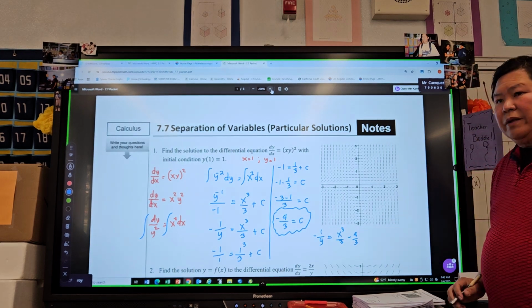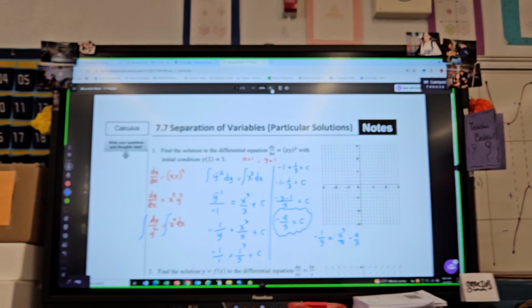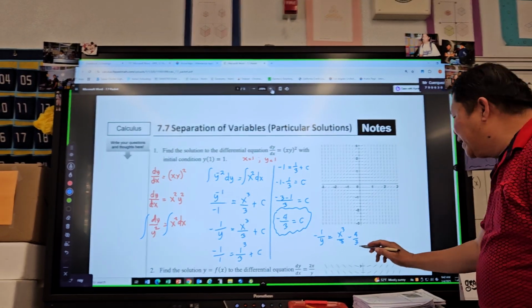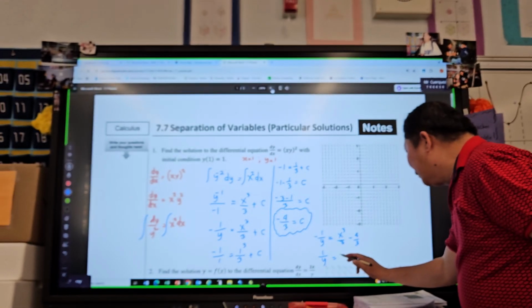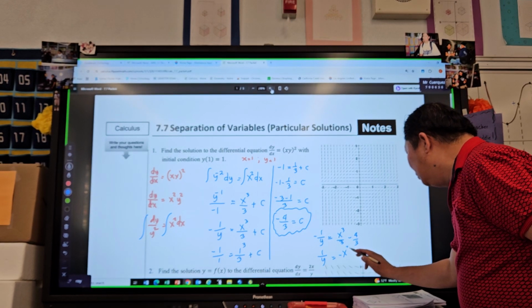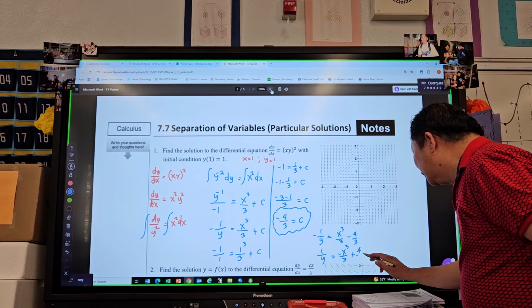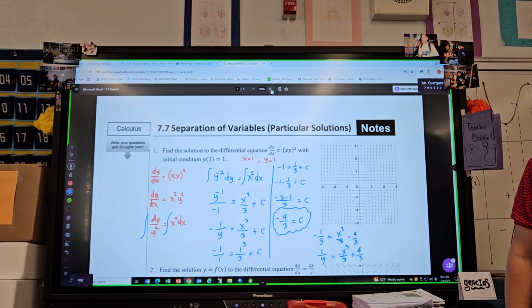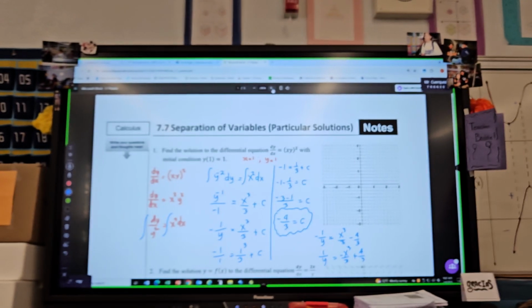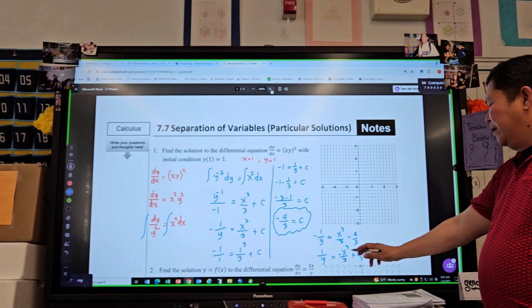This is negative, so can we multiply both sides by negative? If we multiply both sides by negative, this is now 1 over y is equal to negative x cubed over 3 plus 4/3. Now, they have the same denominator, so we can combine them.